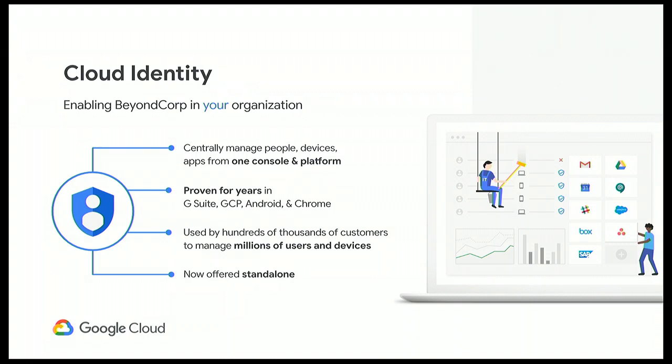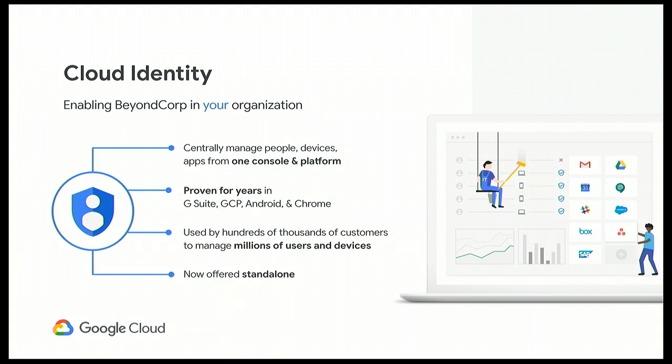The first one is no trust networks. You're not even trusting your own network. We inspect each and every request that's coming to your applications and make sure that these requests are authenticated, authorized, and also encrypted.